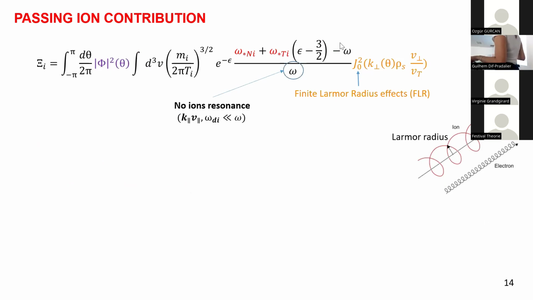These finite Larmor radius effects are given by the fact that the ions' Larmor radius, which is the radius of the cyclotron motion around the magnetic field lines, is much bigger with respect to the electron one. Since we are looking at particles here, not a gyrocenter, we need to take into account the Larmor radius for ions. For electrons, we don't need to, because it's very small.